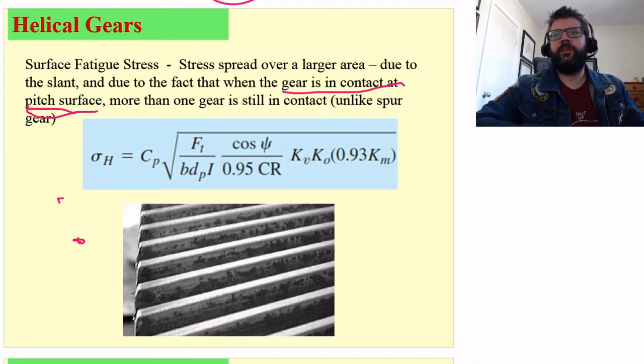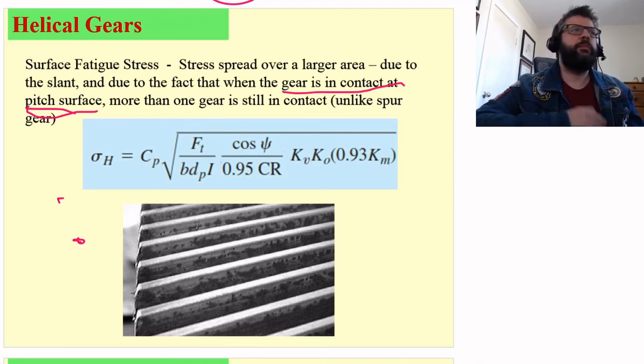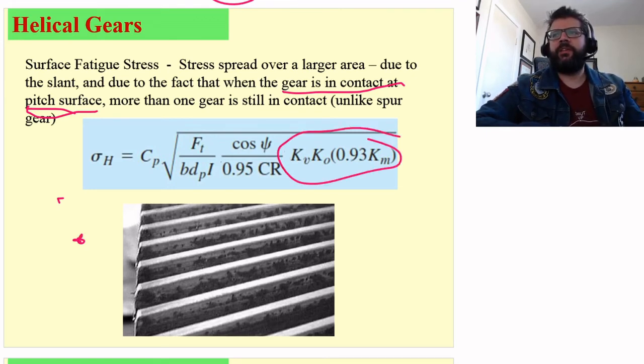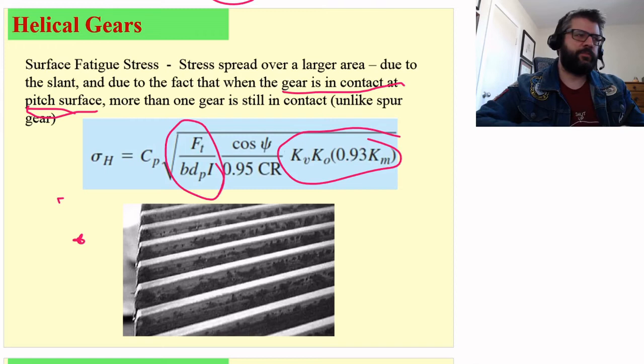There's still at least another gear tooth in contact, so we're still going to get a bit of a sharing of the load. So that's calculated the same as for the spur gears.